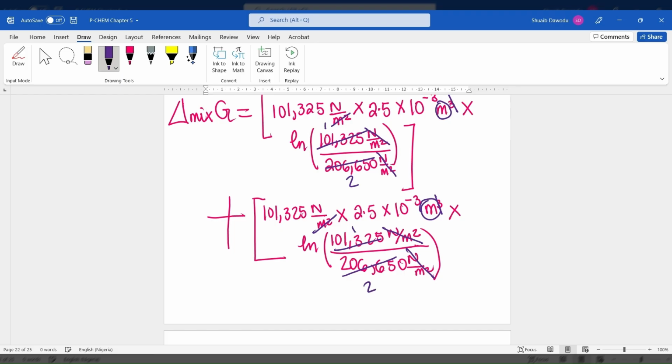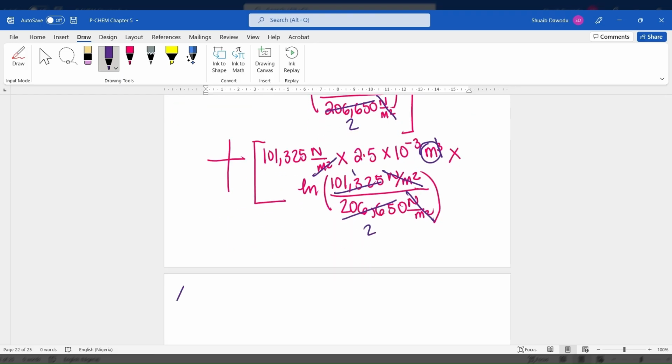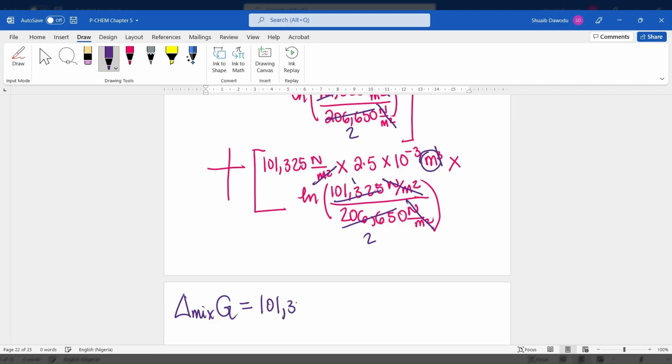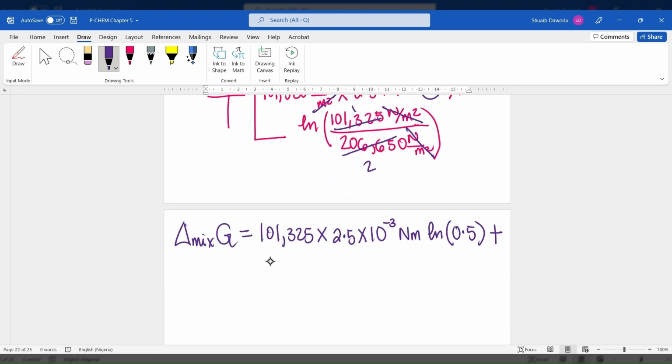So what we end up with is the Gibbs energy of mixing equal to 101,325 multiplied by 2.5 times 10 to the power of negative 3 Newton meter, ln of 0.5, plus the exact same thing again, 101,325 multiplied by 2.5 times 10 to the power of negative 3 Newton meter, ln of 0.5.